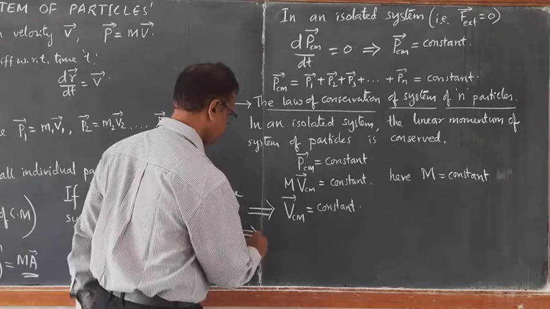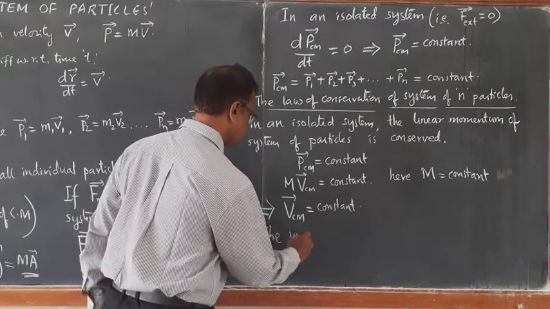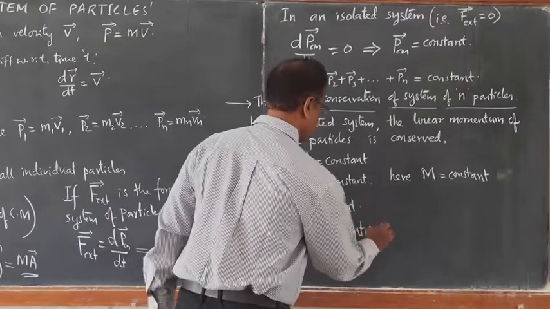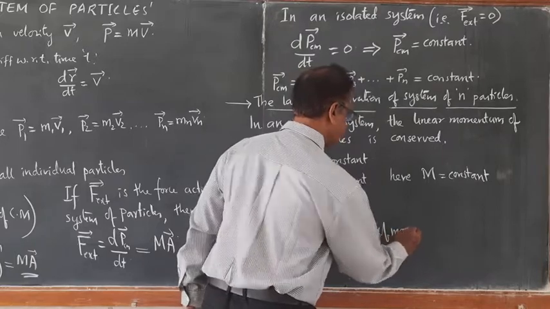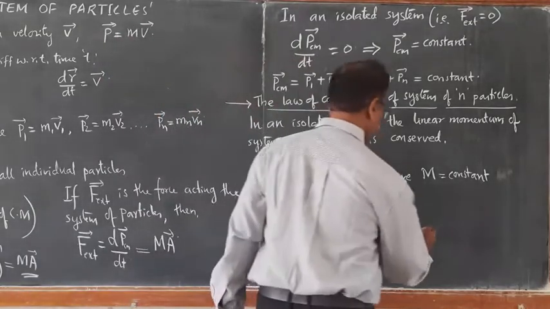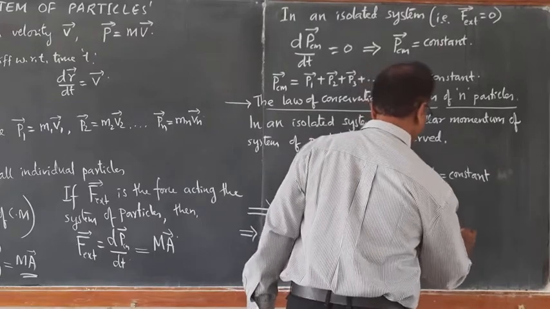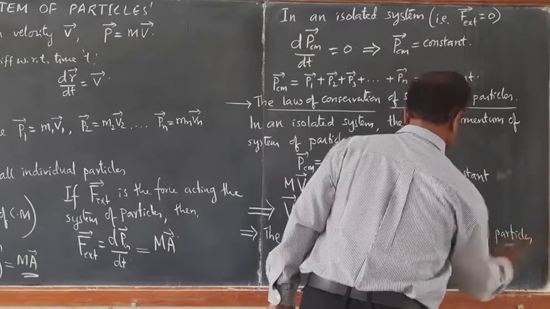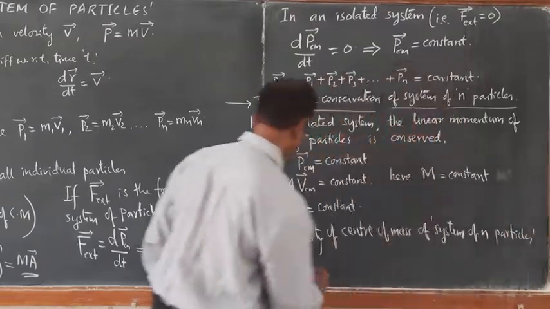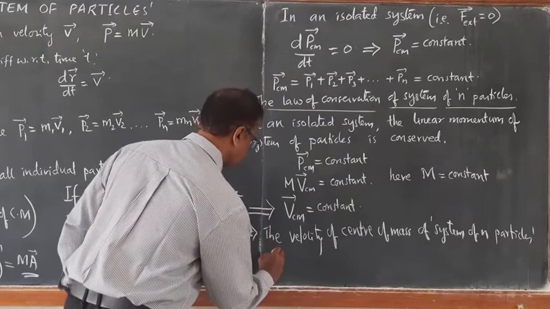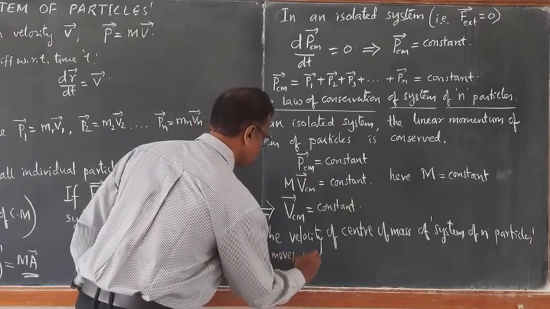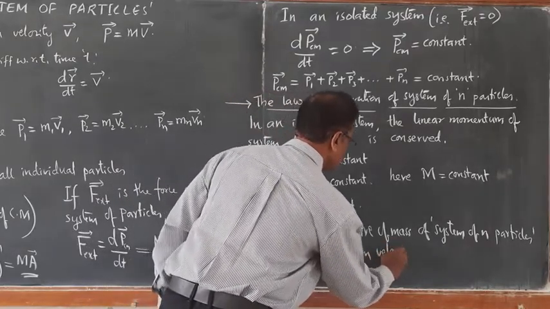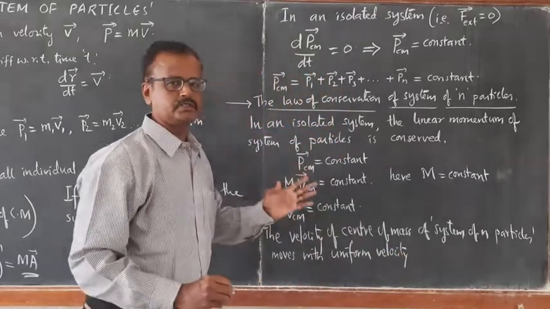This implies the velocity of center of mass of system of n particles moves with uniform velocity, with the constant speed along a straight line.